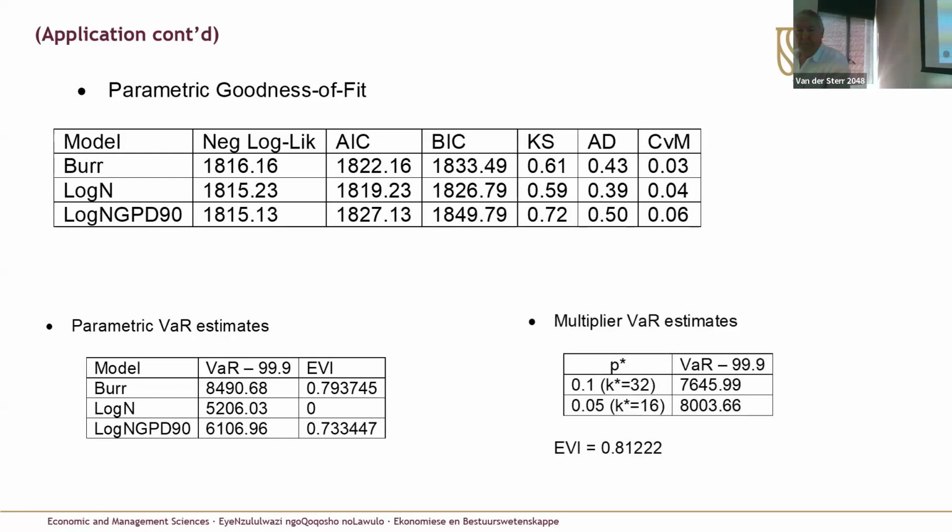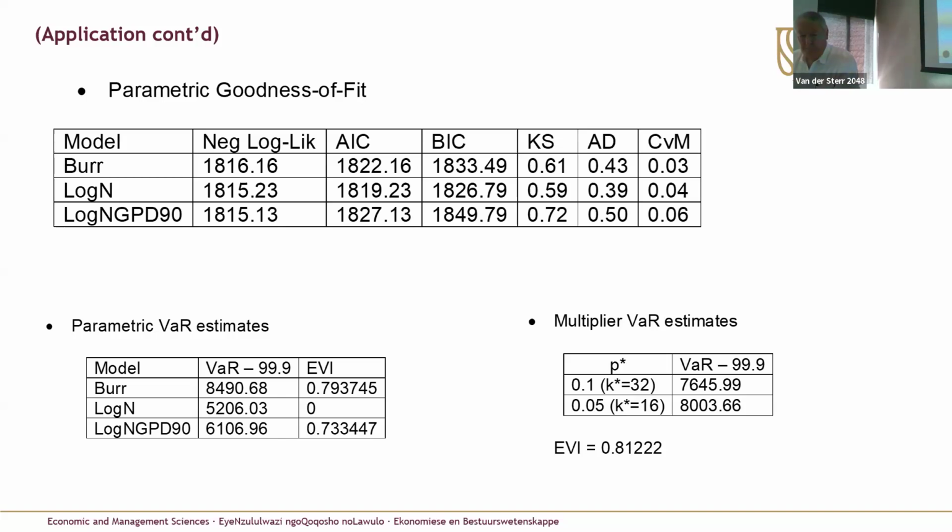Okay. If we use a multiplier, then we have to choose K or P star. Remember, that's the free parameter that we have, how deep we want to go into the data. But choosing P star is similar to choosing K or K star.